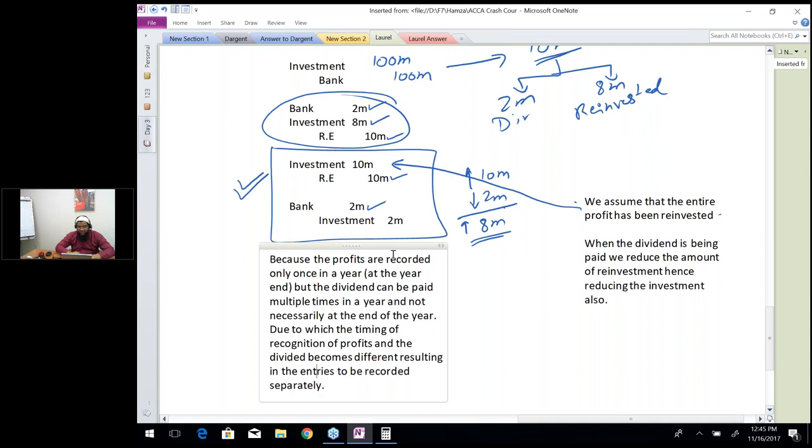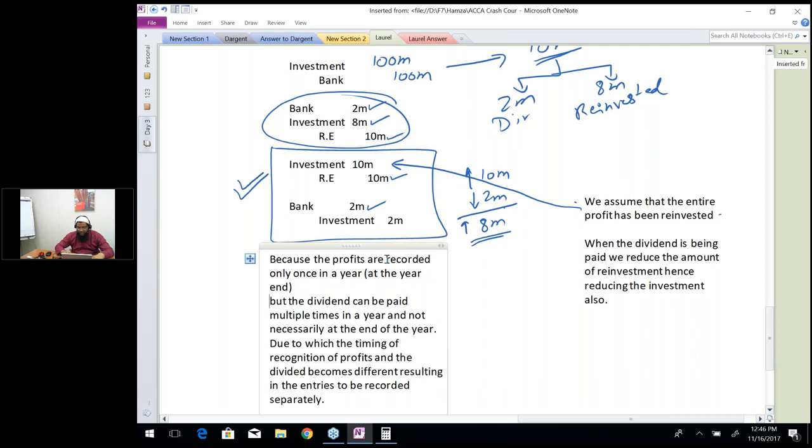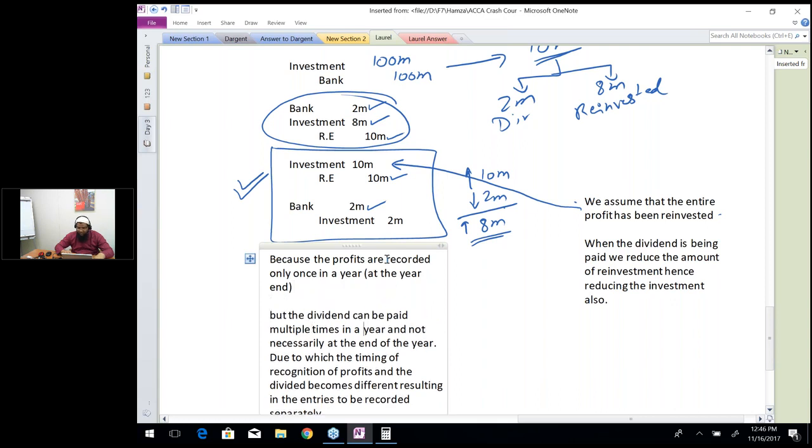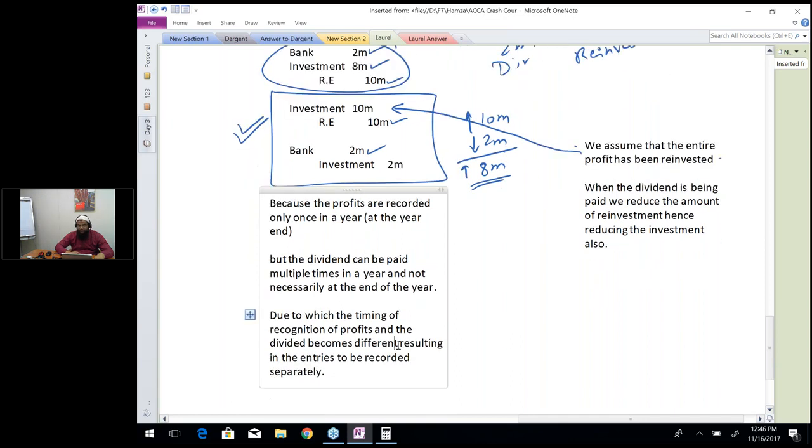Because the profits are recorded only once in a year, which is at the year end. But the dividend can be paid multiple times in a year and not necessarily at the end of the year, due to which the timing of recognition of profits and the dividend becomes different. The profit is being recorded at a different time and the dividend at a different time.